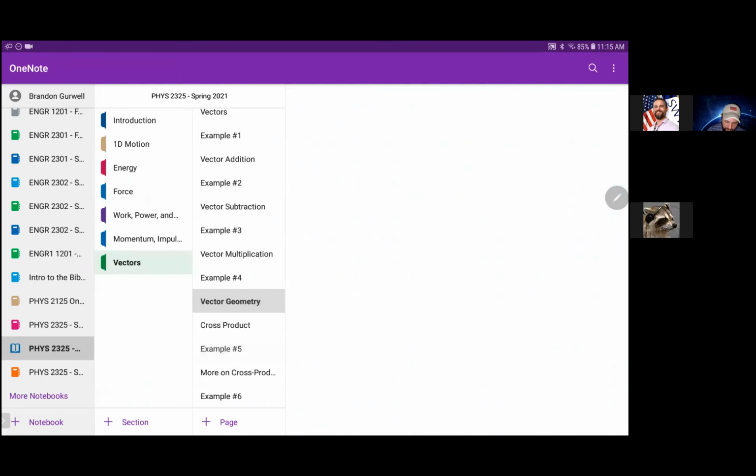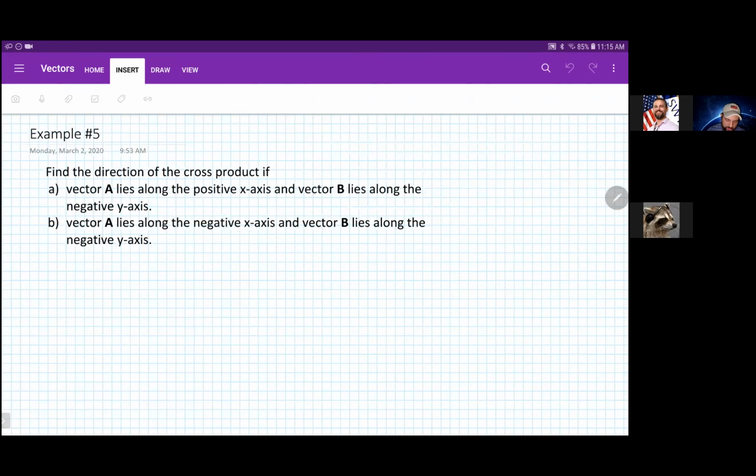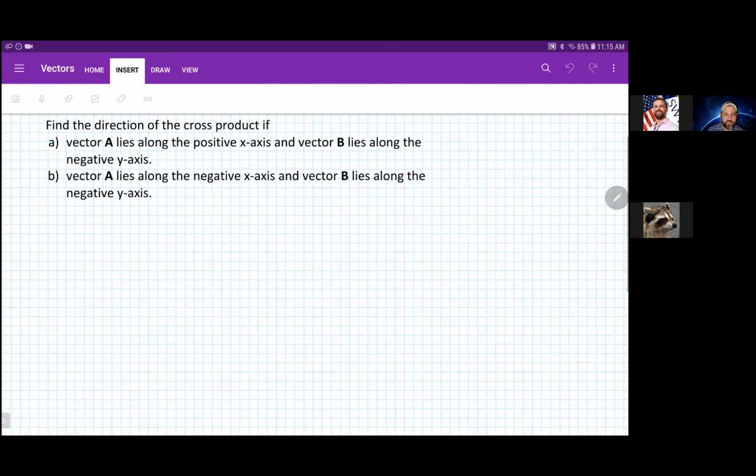All right, so I'm going to explain a little bit about the direction of the cross product. This is going to be difficult for me to do, so bear with me. The reason is because it's very difficult to show. There's some right-hand rule stuff that we need to learn here, and that's very difficult to show on here.